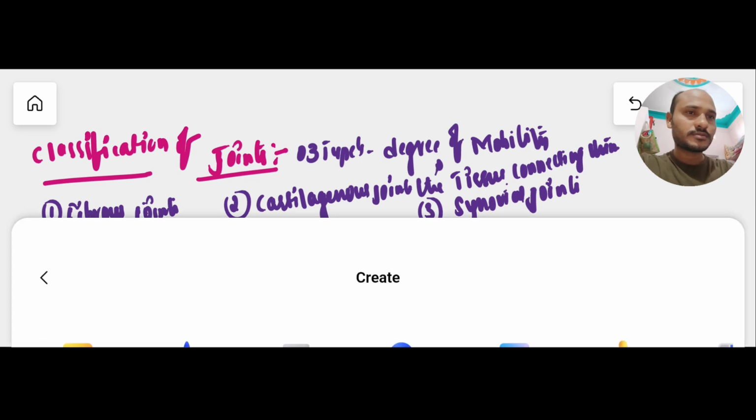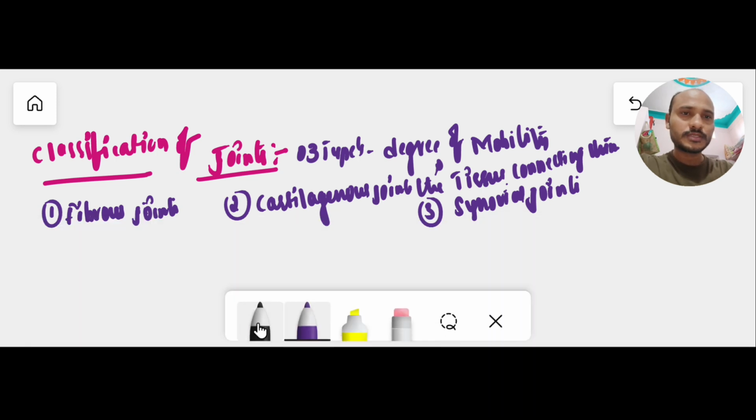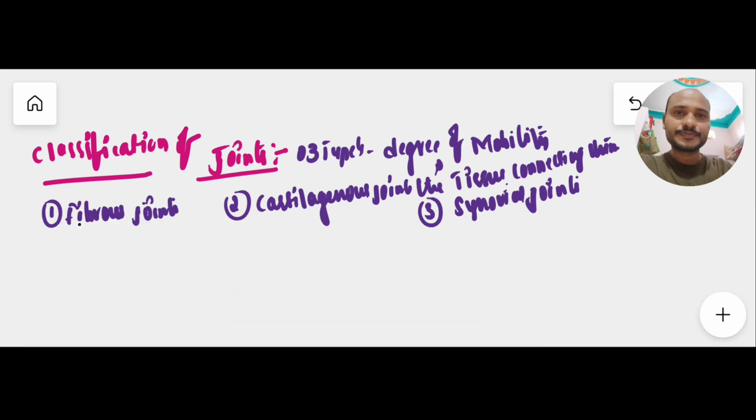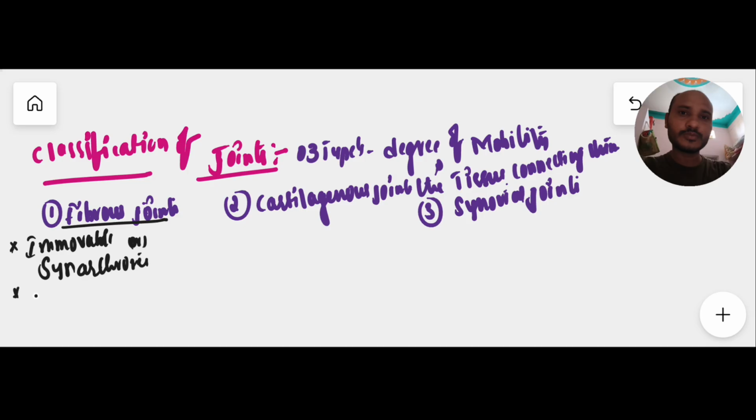First, we discuss in detail the fibrous joint. Fibrous joints are also known as immovable joints, or synarthrosis. In a fibrous joint, there is no gap between bones.